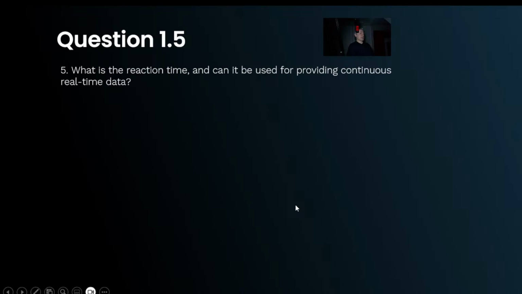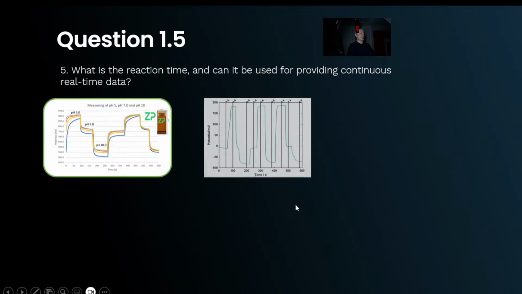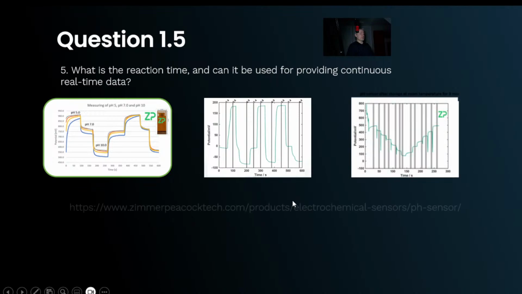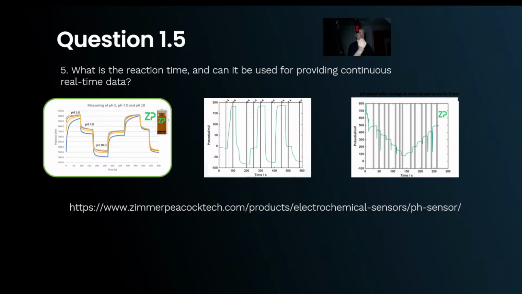The reaction time, really, it's in all of our data. You can look at the data. There's a link here. All of this data is continuous data, where the operators are changing the pH and the sensors change accordingly. So you can look at these profiles and you can see the reaction time. I don't want to prejudice your own examination.